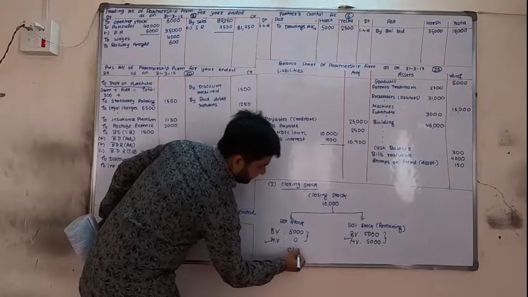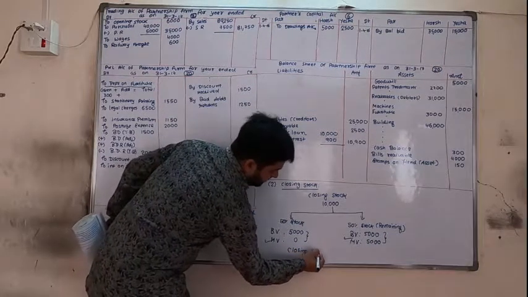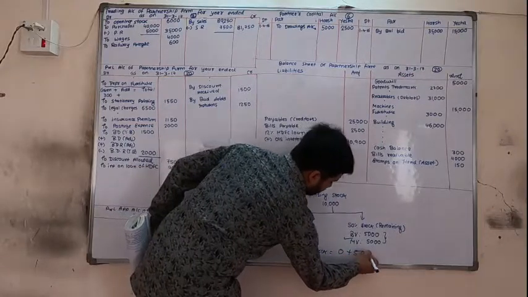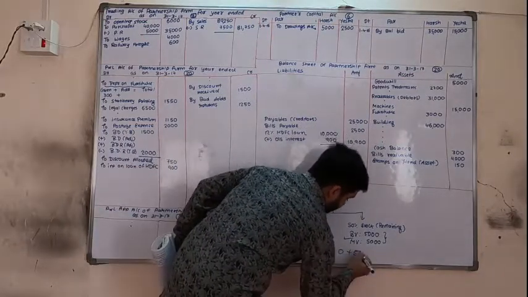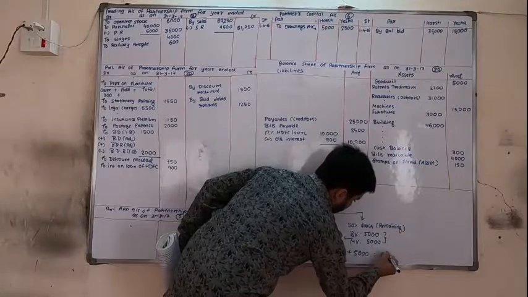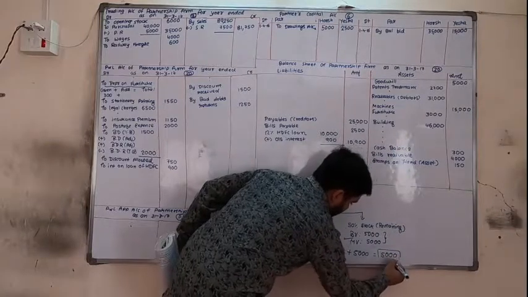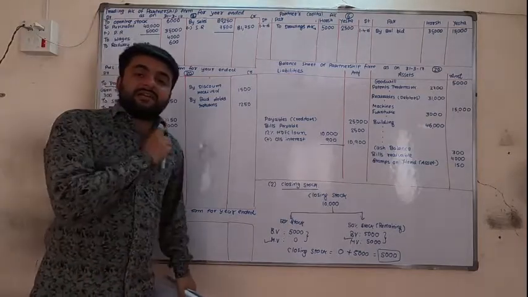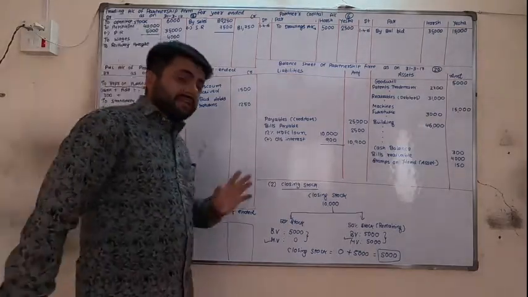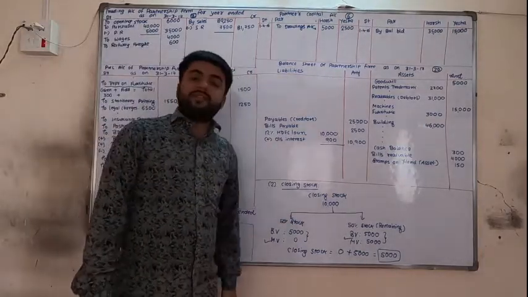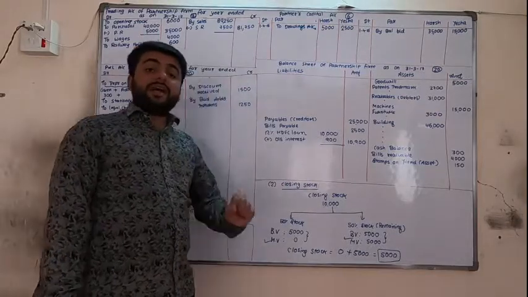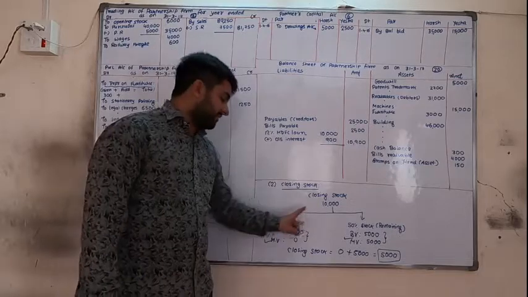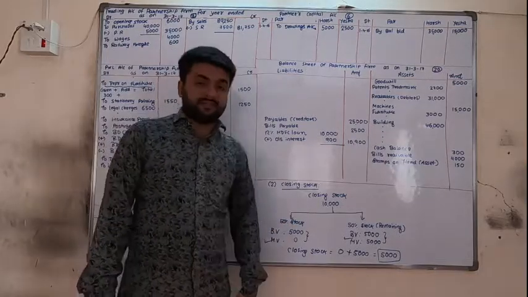Now closing stock is equal to 0 plus 5,000, is equal to 5,000 only. Why? Because from 11th standard we are learning this thing. They are talking about a closing stock of 10,000. Now they are talking about only 50% stock, so first take 50% of 10,000, its book value is 5,000.